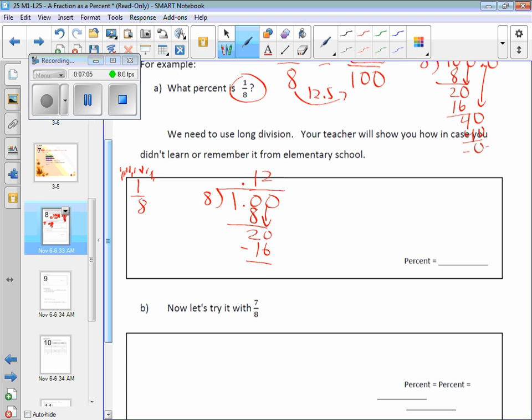Still have to then bring down another 0, right? Got to create a 0 and bring it down, because I only created 2. I need a third. But now you'll see it does go into 40 pretty evenly. 8 into 40 is 5, and it terminates at the thousandths place. So now I have 0.125, don't I?